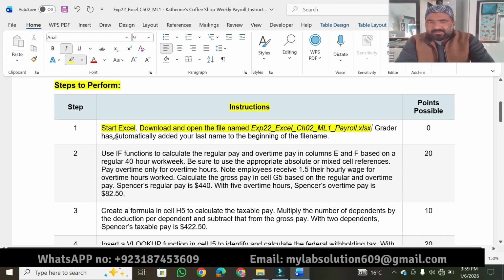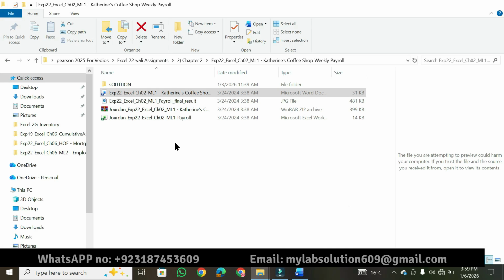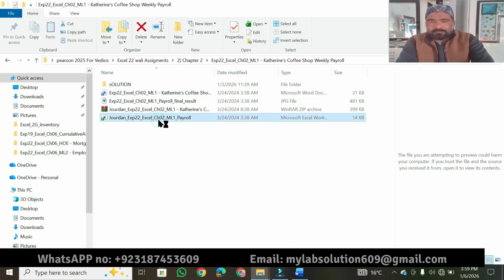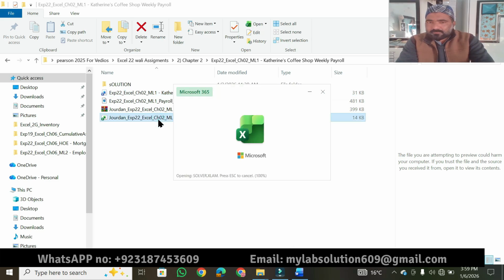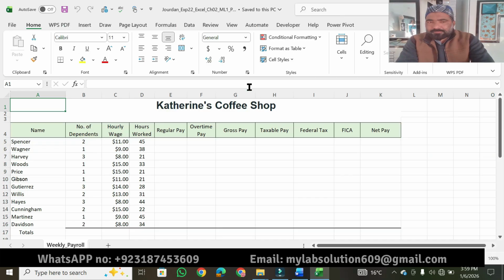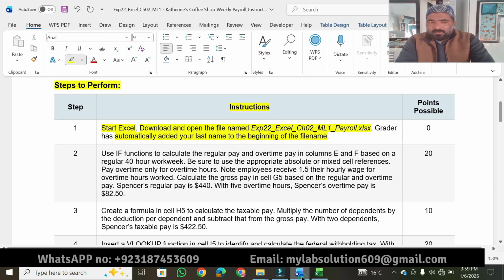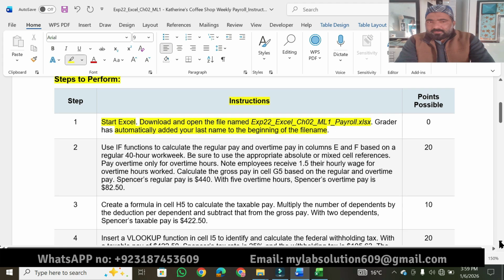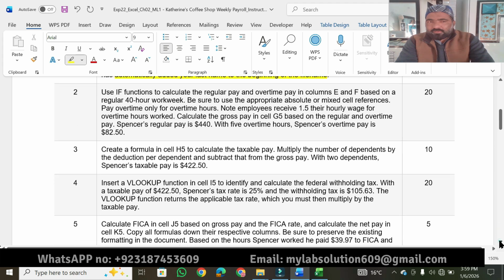Then the grader has automatically added our last name in the beginning of the file name. So we have to open the file first. So question number 1 is done. That is not a graded one, but it is really important that we solve that one.